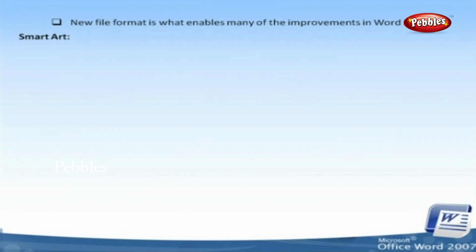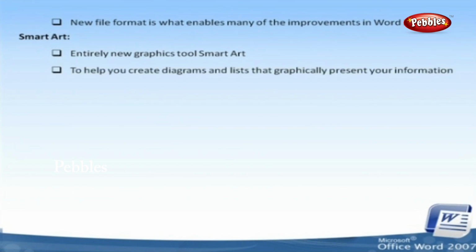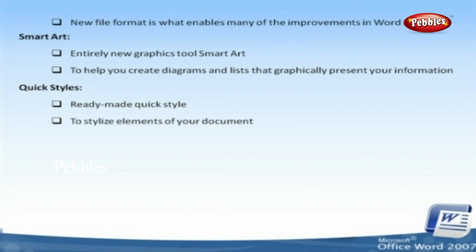SmartArt. Word 2007 also includes an entirely new graphics tool, SmartArt, which is designed to help you create diagrams and lists that graphically present your information. Quick Styles. Choose a ready-made quick style or apply the styles you've made before to stylize elements of your document. Document themes.